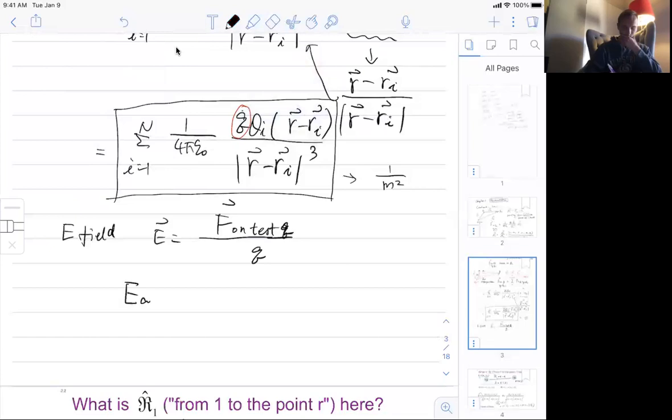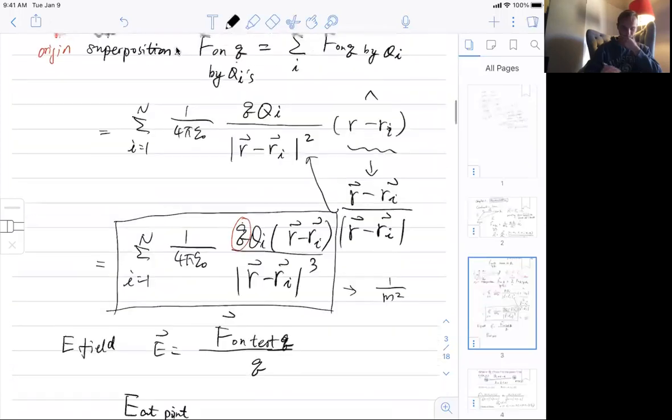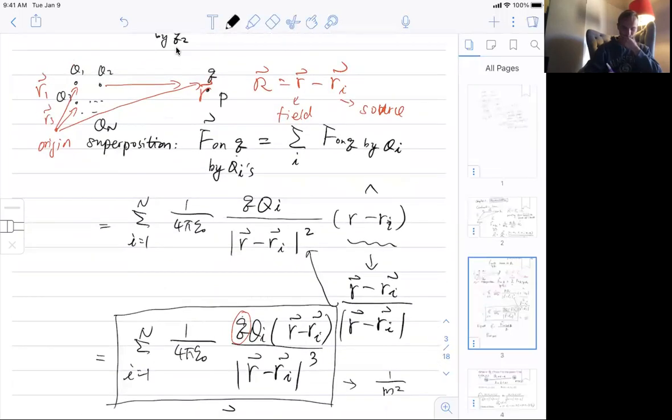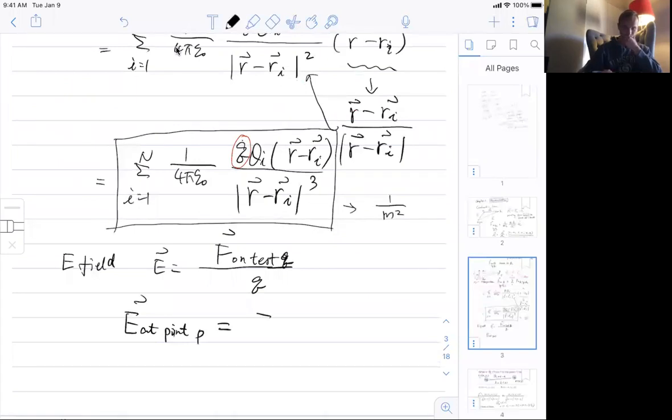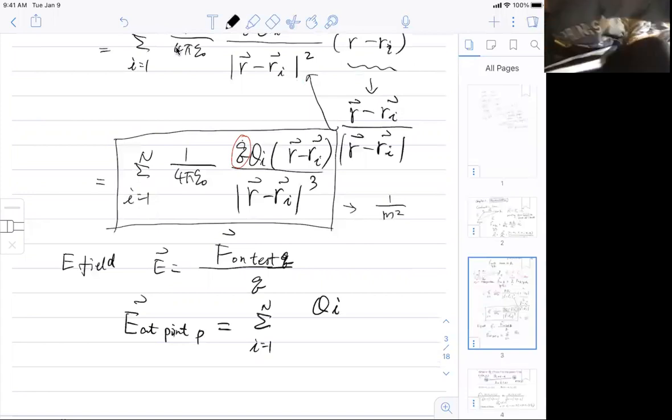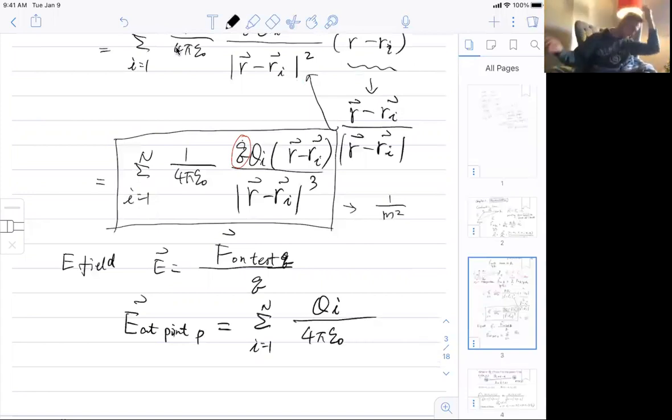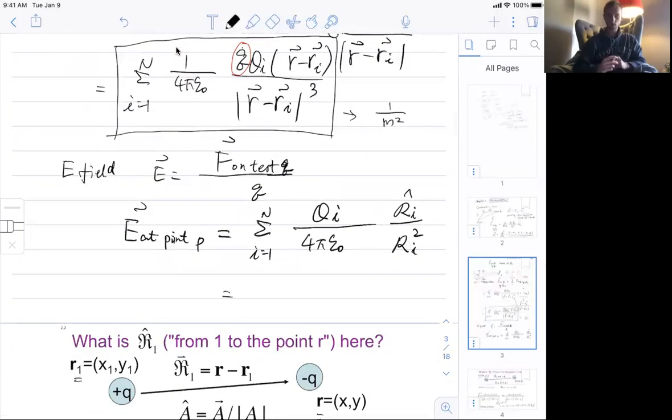So here, the electric field at the point you're interested in, let's call it point P, is going to be the sum from i from 1 to n. You have multiple sources, you add them up, divided by 4 pi epsilon naught. You can do r hat over r squared, or you can do r vector over r cubed. It's the same thing, and the rest of it follows.